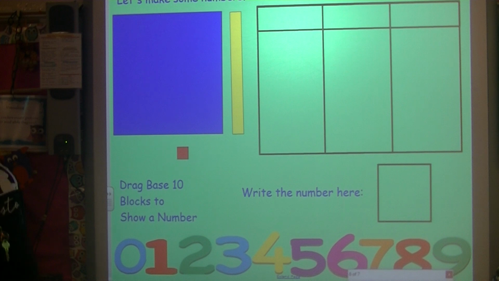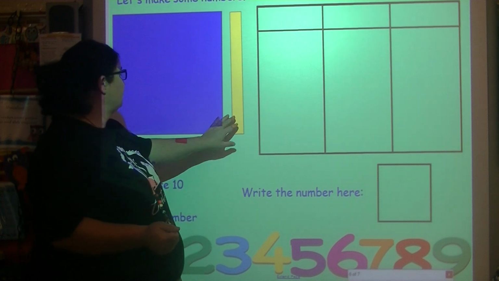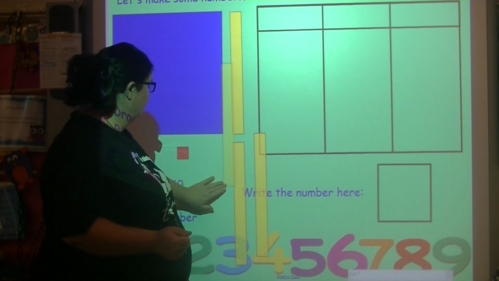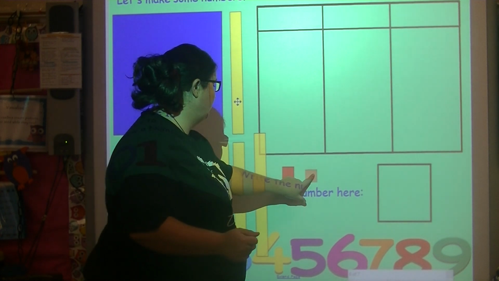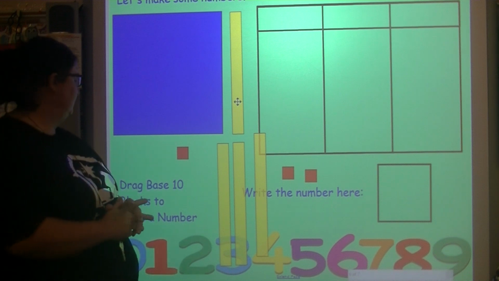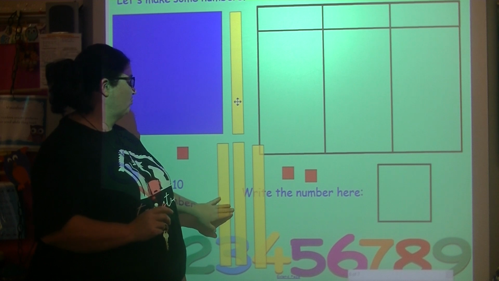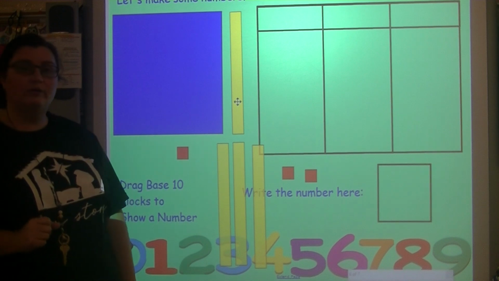So we're going to start out with a 2-digit number. Let's do 3 tens and 2 ones. 3 tens and 2 ones, guys. So if we have 3 tens and 2 ones, what number will we have?